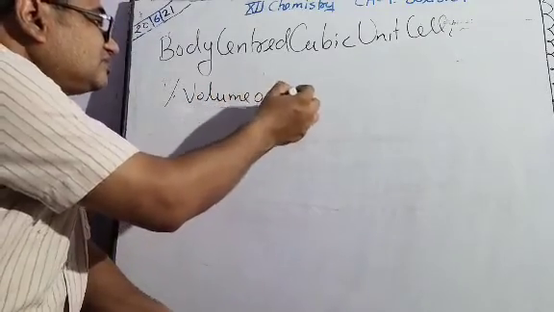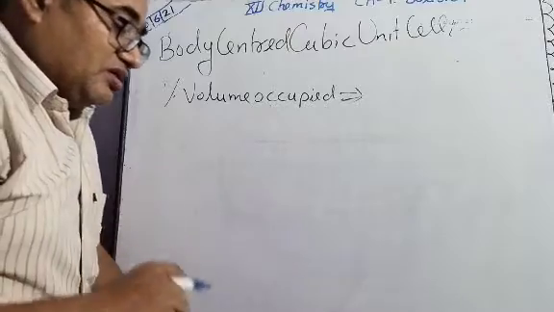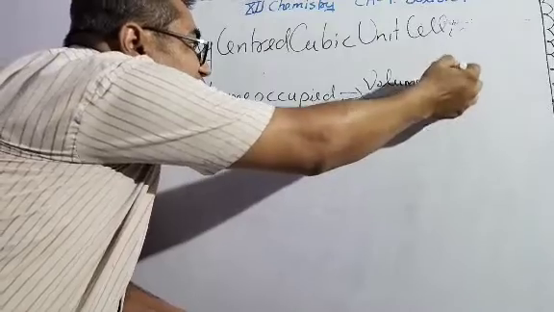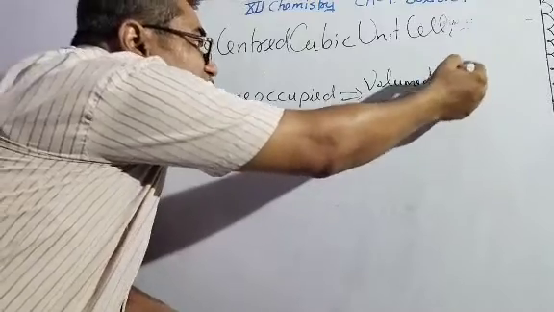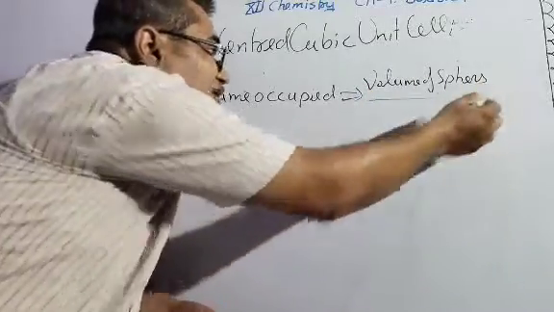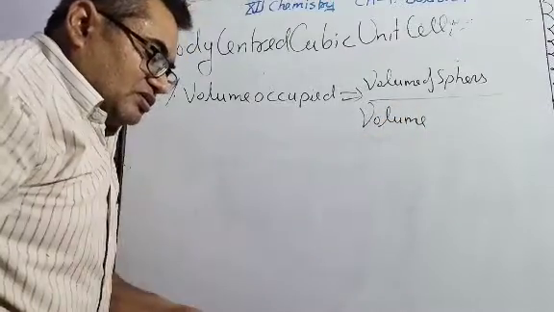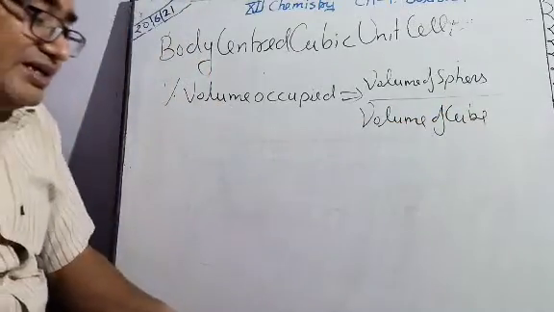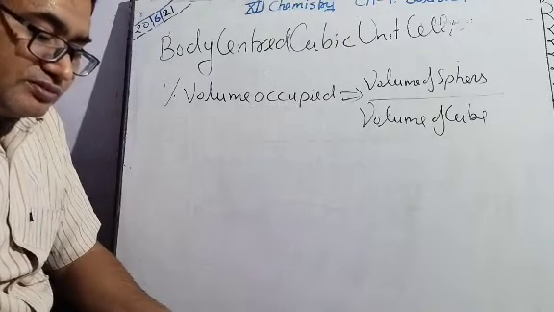So the percentage volume occupied is simply volume of spheres over volume of cube. Why spheres? Because in body centered there are two spheres present, while in simple cubic cell there is only one. The volume of cube depends on the type of unit cell.